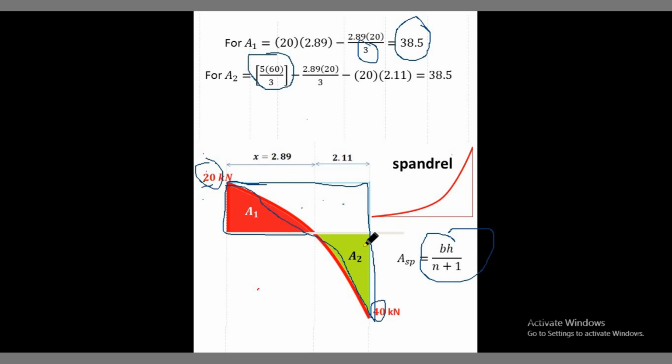And to get the value of my A2, kailangan kong isubtract yung area nung maliit na spandrel and the area of this rectangle. Kaya yung 2.89 times 20 over 3, that is the area of this smaller spandrel. Itong 20 times 2.11, that is the area of this rectangle. Then, yung remaining na area, that is now the area 2, that which is 38.5.